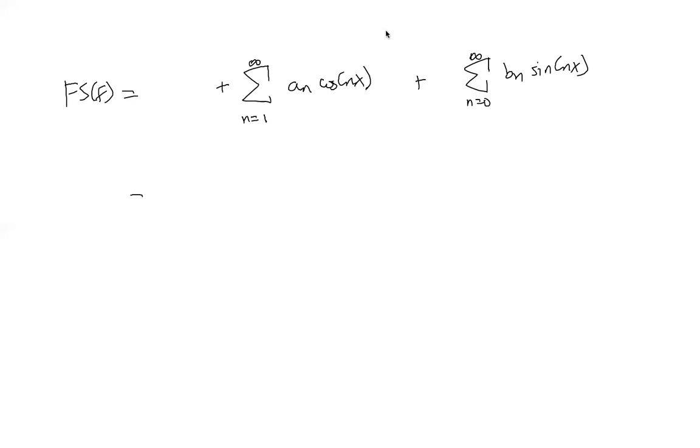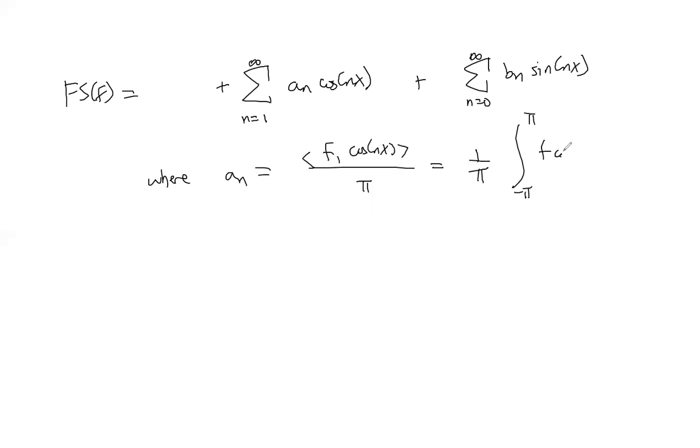But where an is the inner product of f with cosine nx over pi, so that equals 1 over pi, and bn is essentially the same thing but with sine.